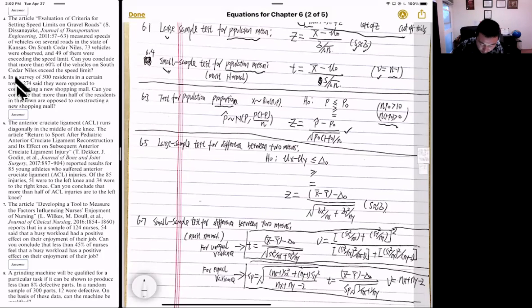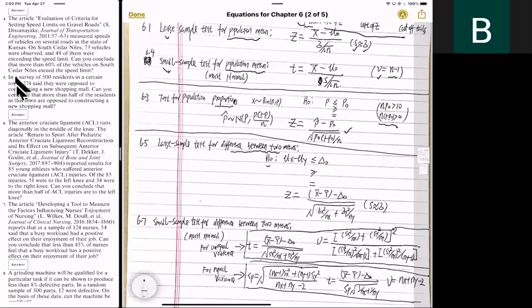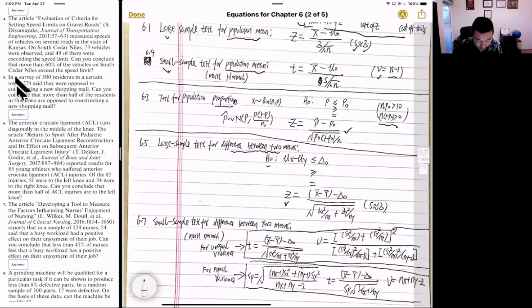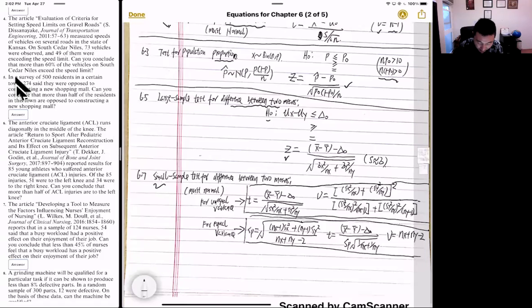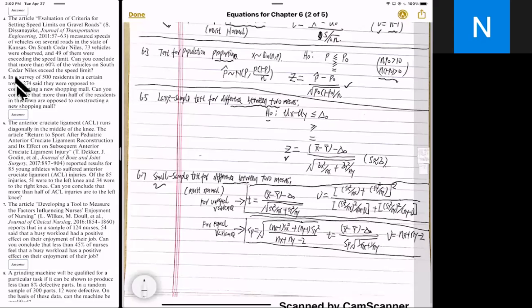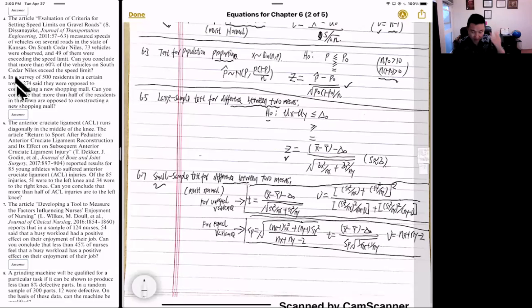Test for difference between 2 means. Depending on how h0 is set up, we calculate the z-score. When the sample size is small and we care about the difference between 2 means, we need to calculate the t-value, as usual.